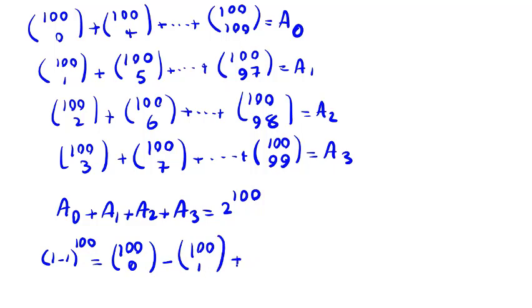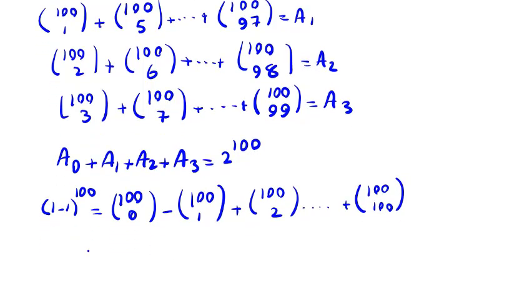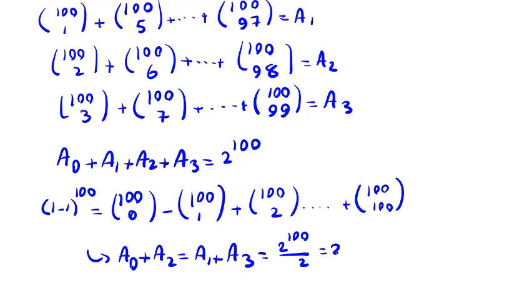You should know the binomial theorem for this part. So we can conclude A0 plus A2 equals A1 plus A3, and because the sum of all of them is 2 to the power of 100, each of them is 2 to the power of 100 over 2, which equals 2 to the power of 99.